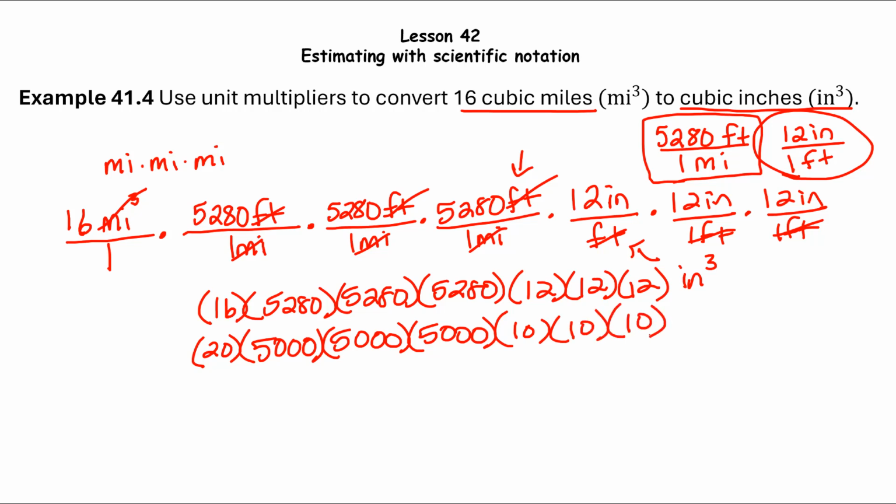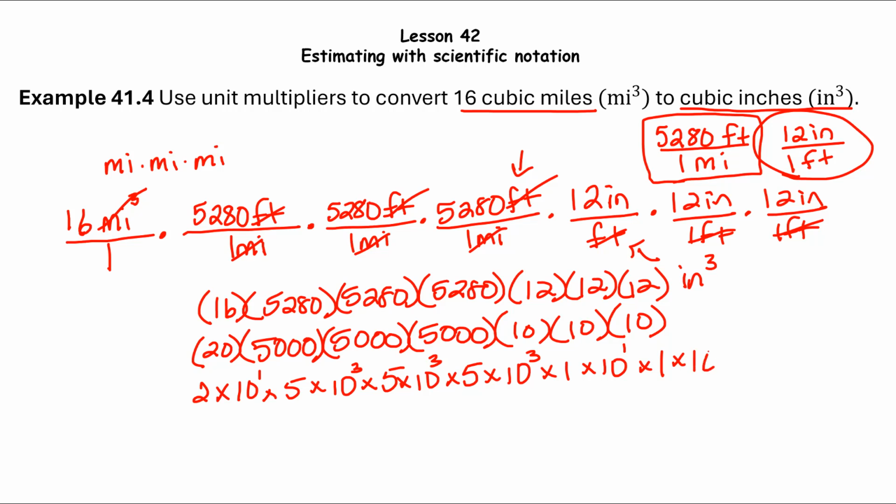And now I'm going to change all these numbers to scientific notation. So 2 times 10 to the 1 times 5 times 10 to the third, 3 times, and then times 1 times 10 to the first, 3 times.